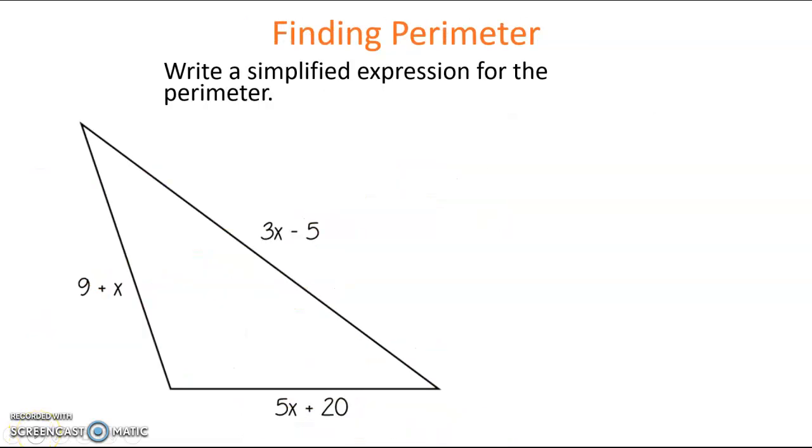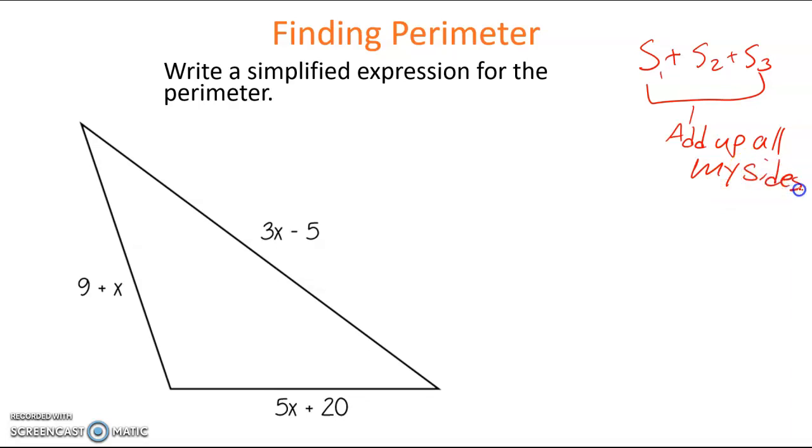All righty. So let's do a bit more of an applied problem here. So let's find perimeter, all right? So remember perimeter: side 1 plus side 2 plus side 3. I'm just going to add up all my sides, all right? With perimeter, really all I'm going to do is take all of my side values.